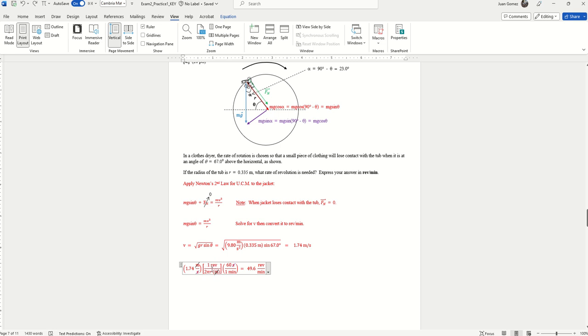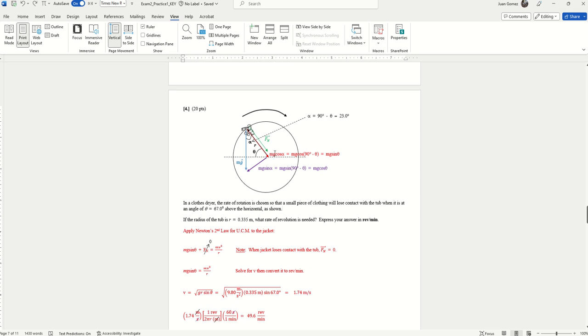In the denominator, the units of the 2 pi r are in meters. So again, it makes one rev for every 2 pi r, and then there are 60 seconds in 1 minute. So meters cancel with meters, seconds cancel with seconds. So 1.74 times 1 times 60 divided by 2 pi r, and you get 49.6 revs per minute, or it's rotating about 50 times every minute.